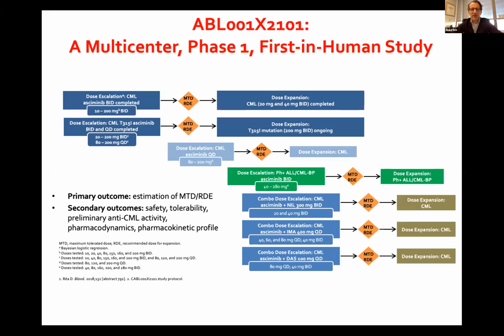The phase 1 trial for asciminib, again, was recently published, December 2019. I guess that's not so recent, it's a year ago, but it is a very large trial. It's actually still running. It's been running for 8-9 years now, which is very long and very big for a phase 1 trial.